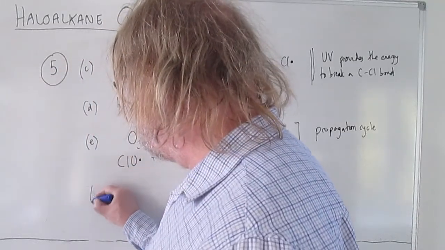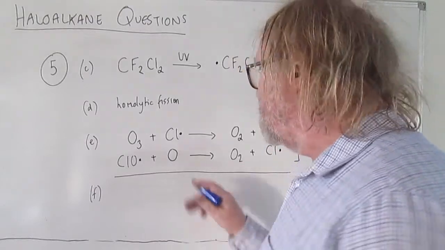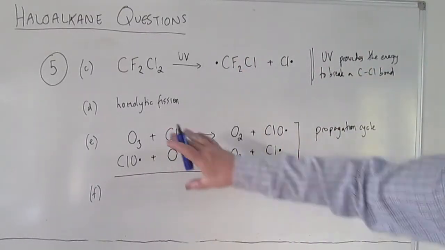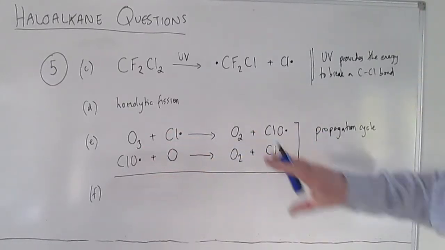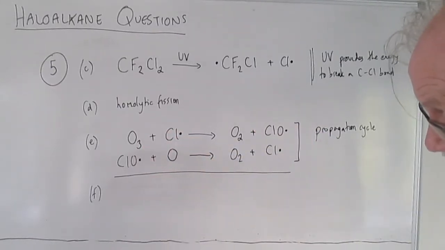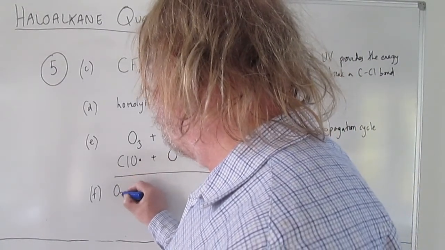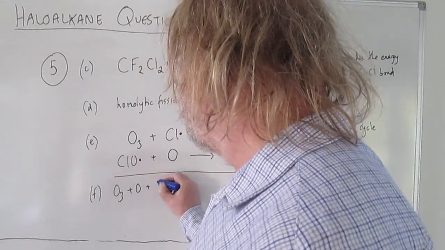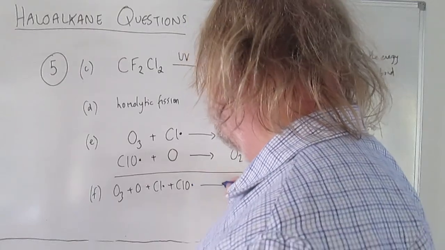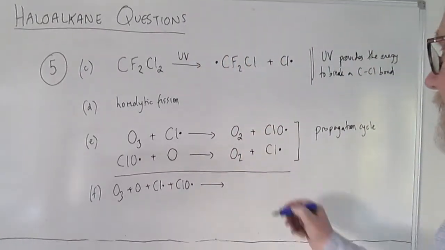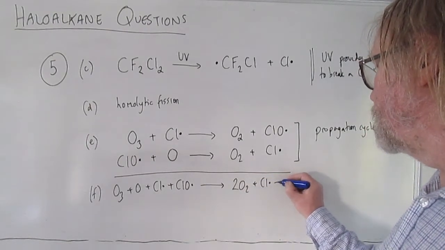And then it asks, well, what's the overall effect of that? You generate that just by literally adding the two equations together. So you add everything on the left-hand side to get the overall left-hand side, and everything on the right-hand side to get the overall right-hand side. If we do that, we get O3 plus O plus Cl dot plus ClO dot on the left, and on the right hand side we get 2O2 plus Cl dot plus ClO dot.